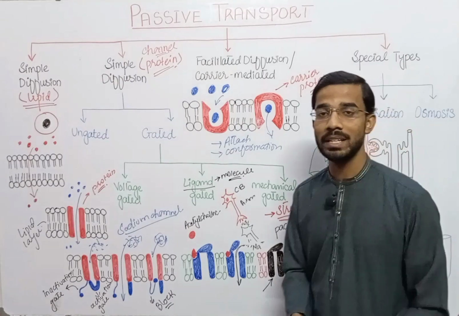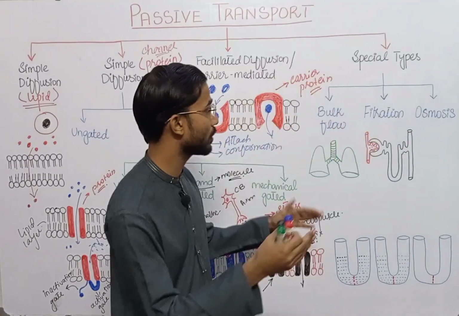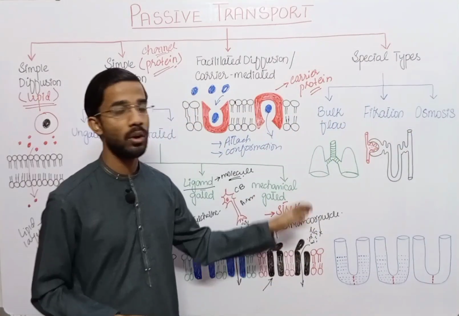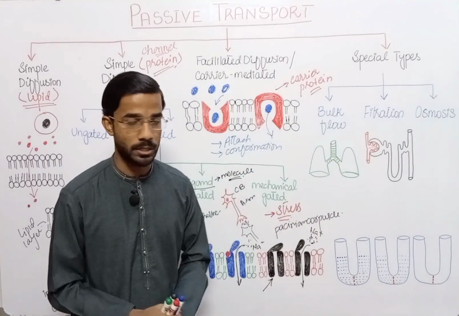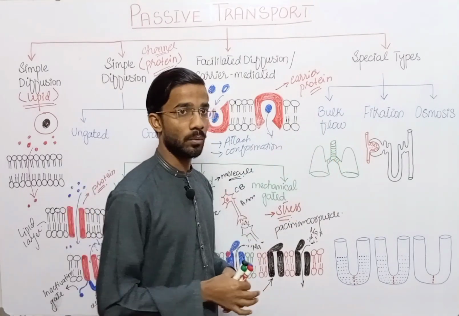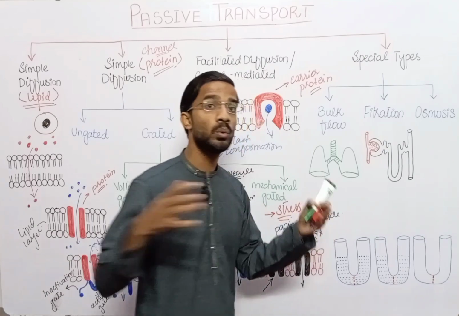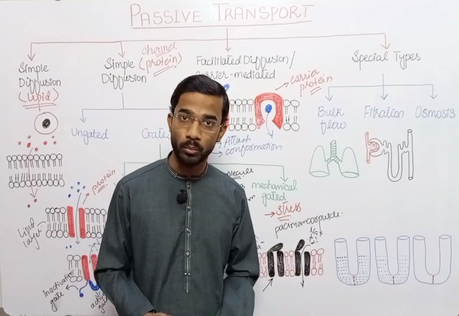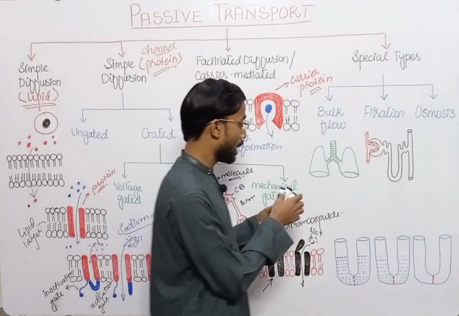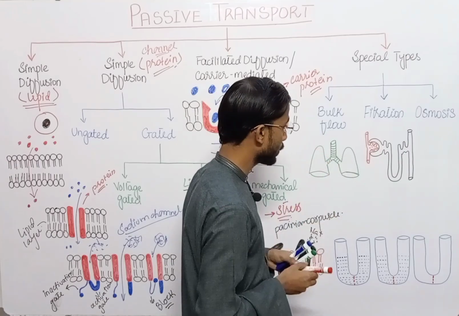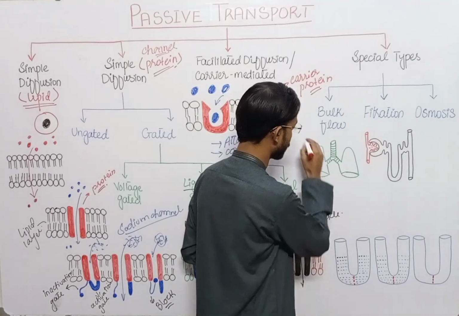And the fourth one is special types. It has further three categories: bulk flow, filtration, and osmosis. In bulk flow, as the name indicates, a huge amount of substance will move across the membrane. We will discuss the example of alveoli. Here are the lungs.